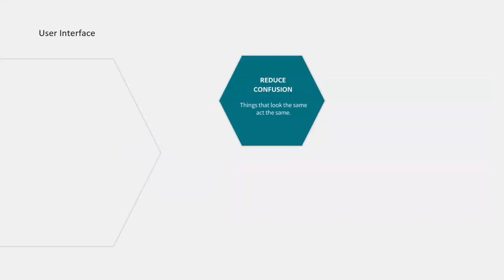Another very important consideration for creating user interface, or UI, is to reduce the confusion of how the app actually works. So what sort of functionality your product can serve and how to go about actually getting that functionality to work. I've written it over here: things that look the same, act the same. That's one thing that you want to make sure you don't fall into.